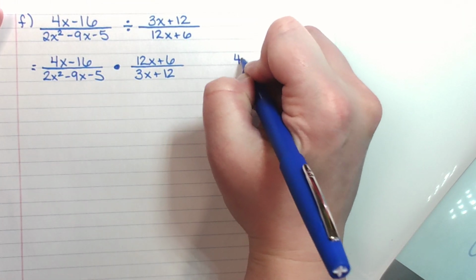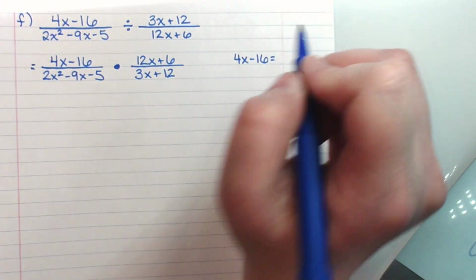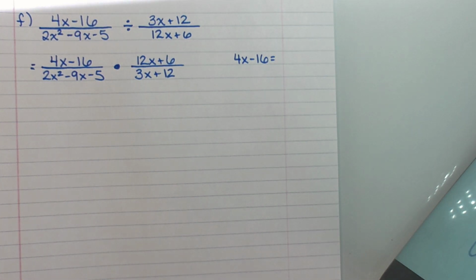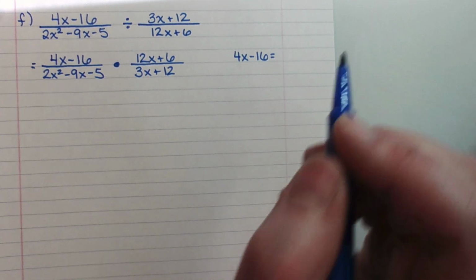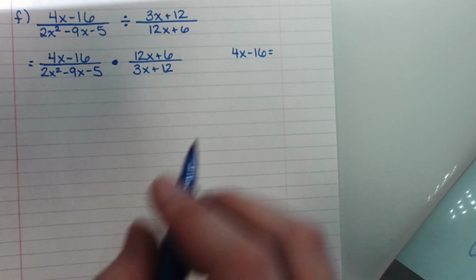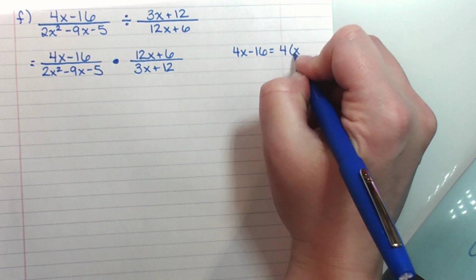So I'm taking this 4x minus 16 off to the side. Now Jacob said to do GCF on that, probably. Mateo, what's the biggest thing that divides out of both of those? Yup. Leaves me with x minus 4.